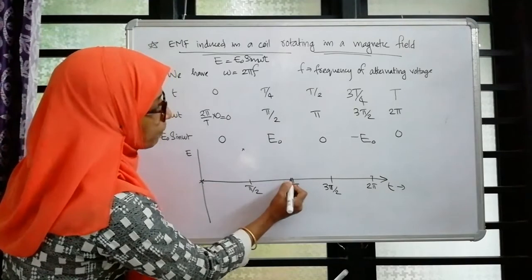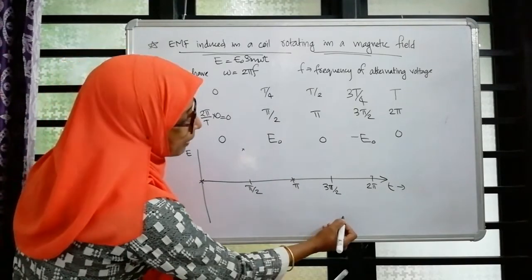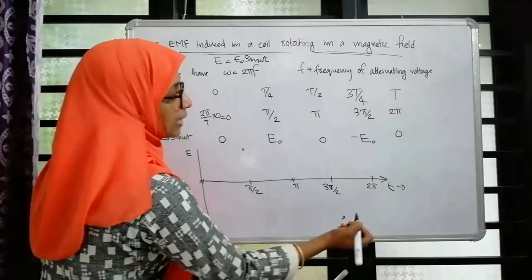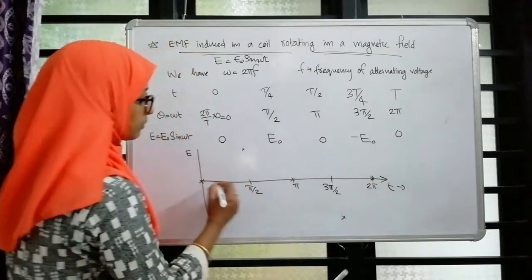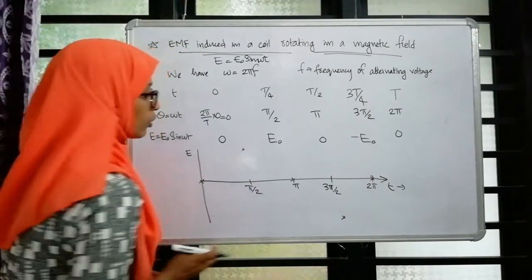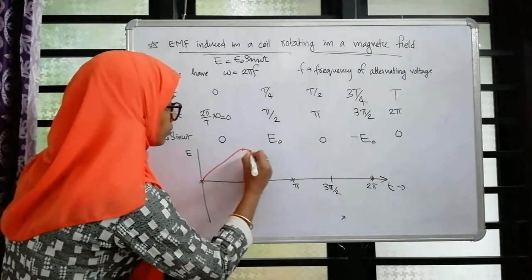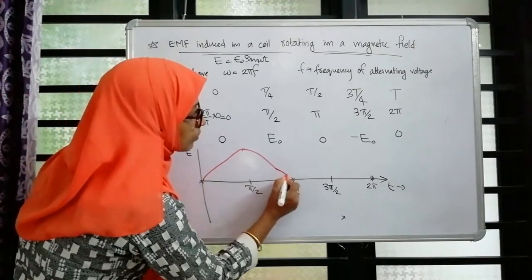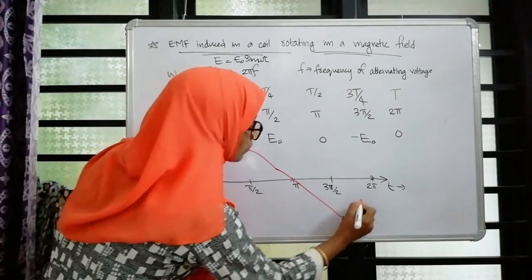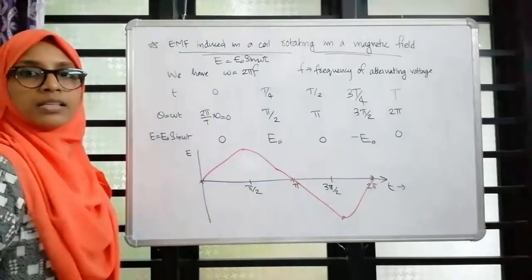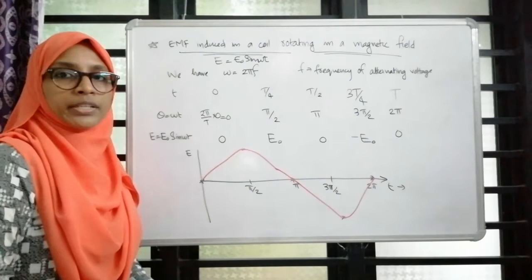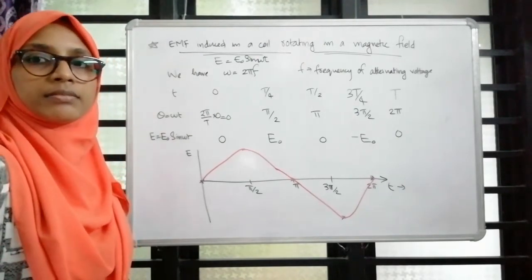And at pi, it will be again 0. And at 3 pi by 2, it will be maximum in the negative direction. So that we can draw like this. That is the representation of alternating EMF in graphic.